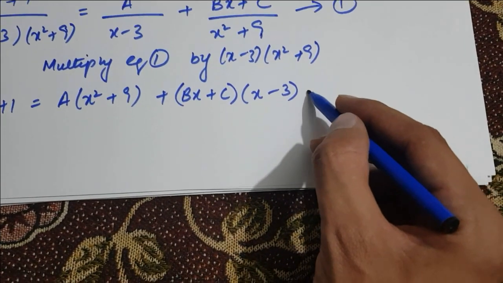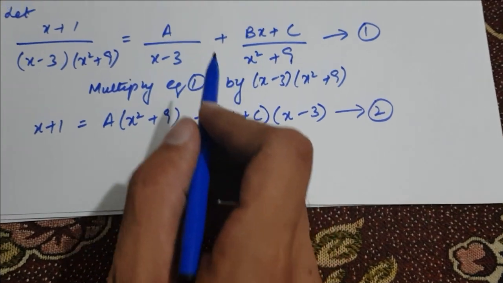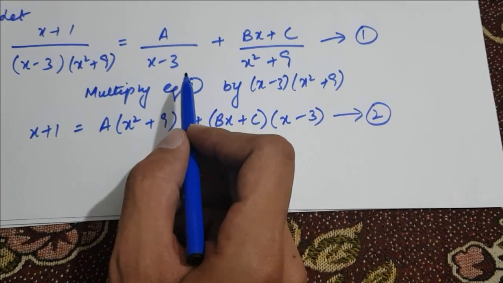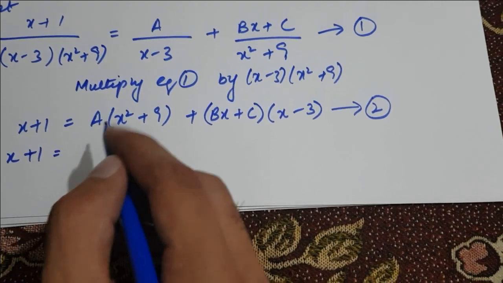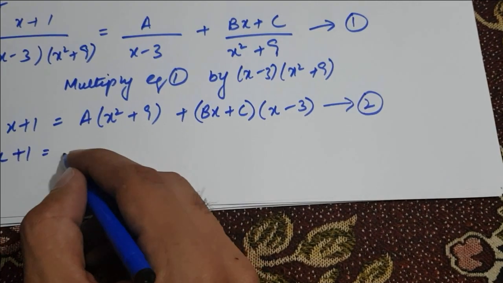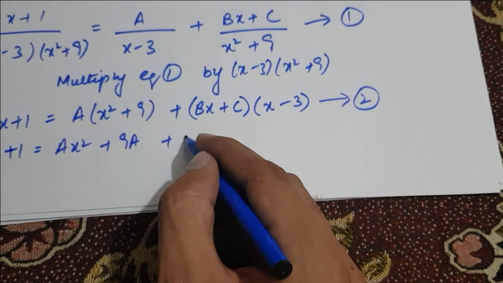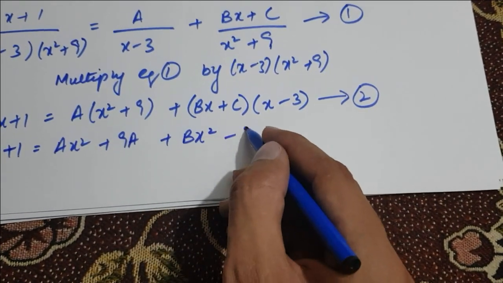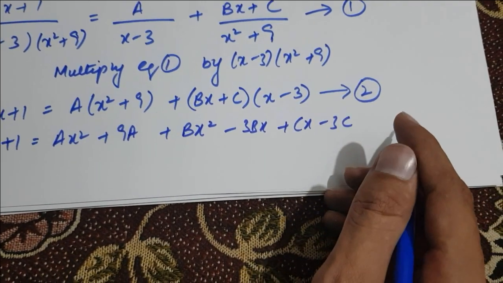We let this be equation number 2 since it will be helpful while finding the value of A by the zeros method. We further solve this equation for our ease as Ax squared plus 9A plus Bx squared minus 3Bx plus Cx minus 3C.